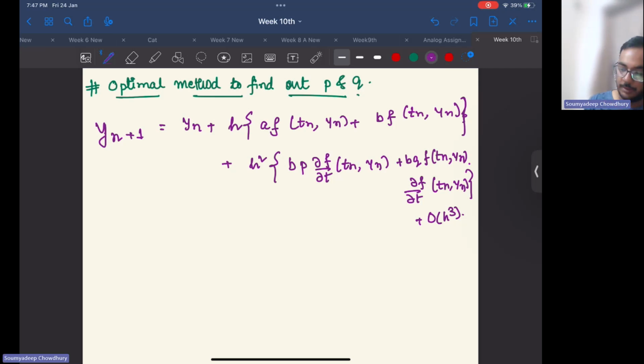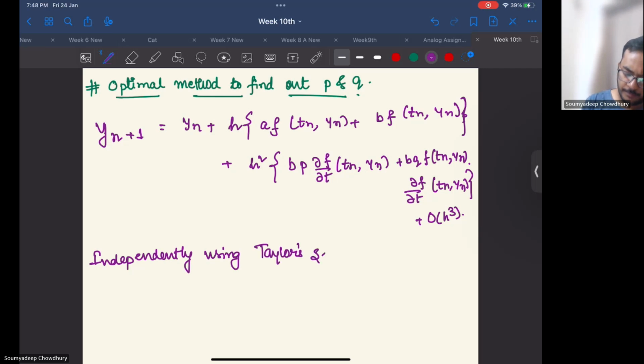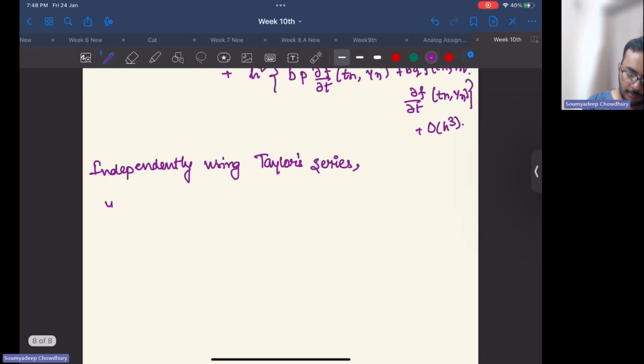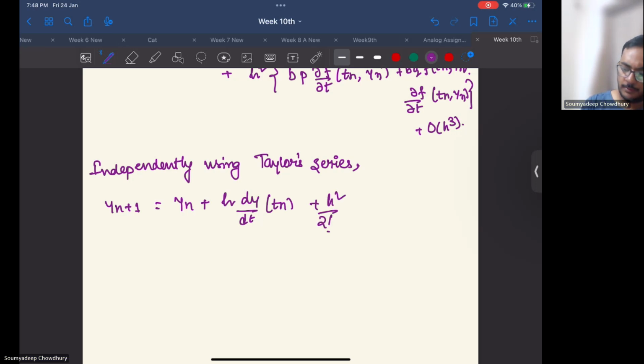And also we can write it out independently. If we write it out independently using the Taylor series, y_{n+1} will be y_n plus h dy/dt at t_n plus h square by 2 factorial d square y by dt square at t_n.